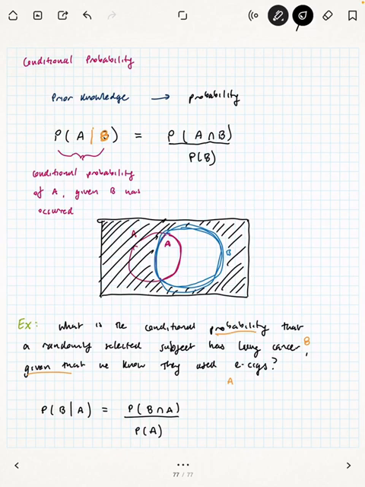So in context, what we're saying is, out of the people who use e-cigs, how many of them developed lung cancer?